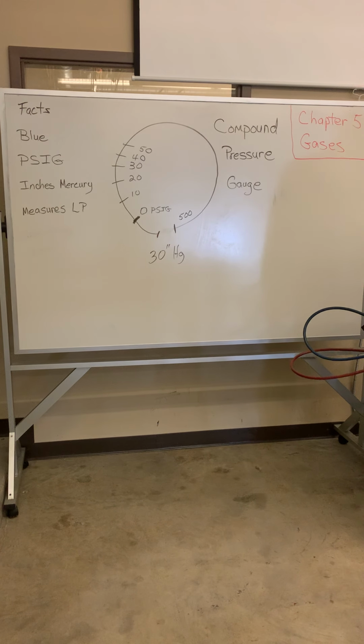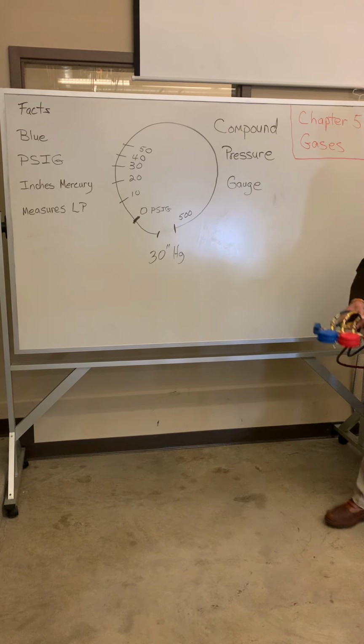But before I do that, I said compound gauge, that it reads two pressures. Pound per square inch is a positive pressure, if you will. A 0 on a compound gauge means that it's reading atmospheric pressure.